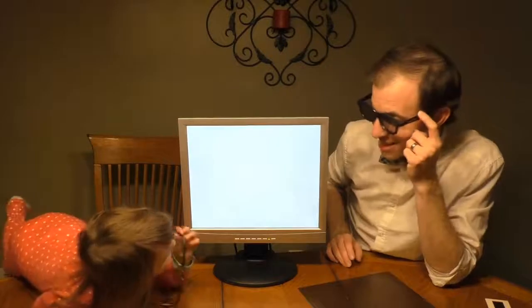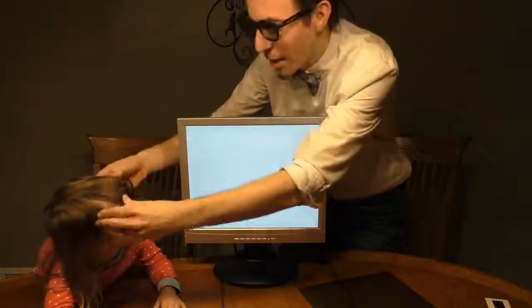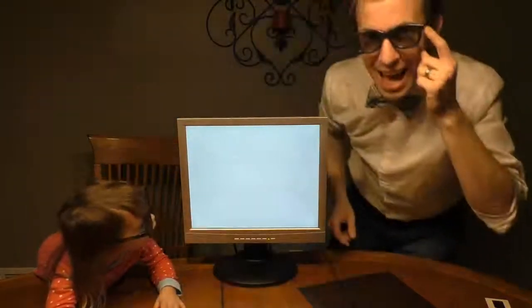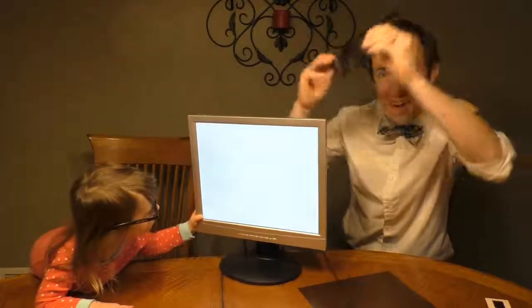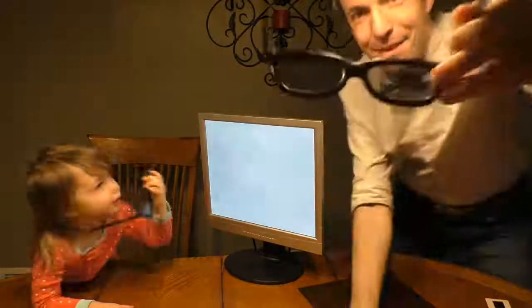Now, these sunglasses aren't actually sunglasses at all. Yeah, these sunglasses are making it so that we can see the show as well, because they have a polarizing filter in it as well. Just to show you, I'm going to take off my sunglasses and I'm going to let you watch the show.